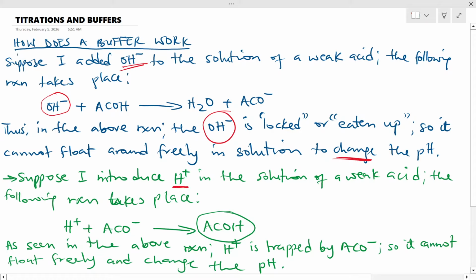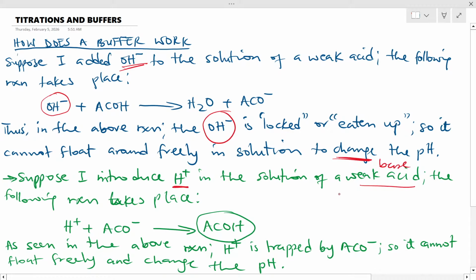You are introducing the OH. This should be a conjugate base in the solution of a base, I guess. It should be a base or the conjugate base.